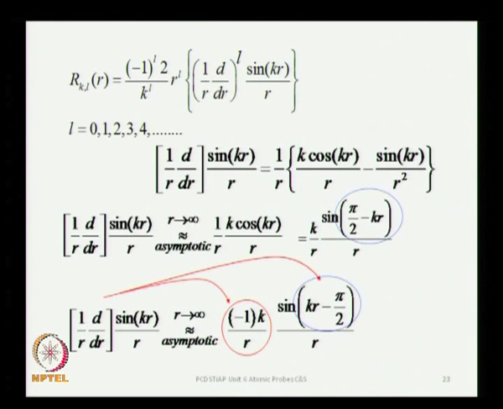Now this is the result of the operator 1 over r d by dr. Effectively the operator 1 over r d by dr is equivalent to multiplication by minus k over r and simultaneous change of the phase from kr to kr minus pi by 2.